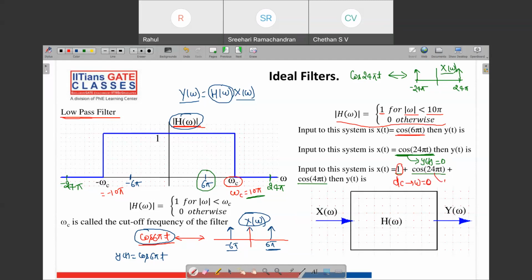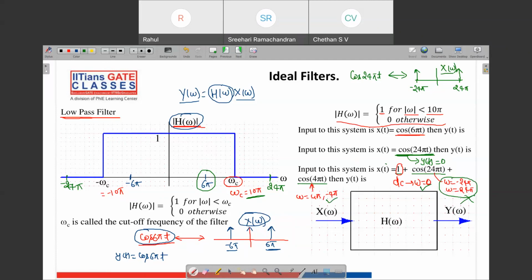This is omega equal to minus 24 pi and plus 24 pi, and for this one, omega will be equal to 4 pi and minus 4 pi. Now the cutoff frequency is 10 pi, which means that this signal will get rejected, this signal will pass through, and this signal will pass through.